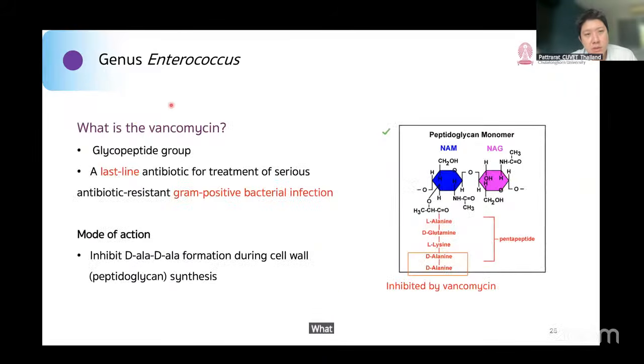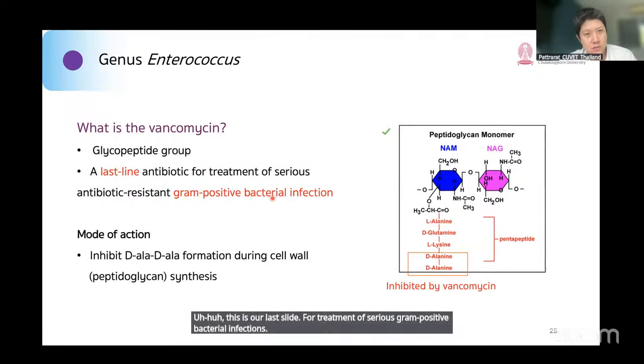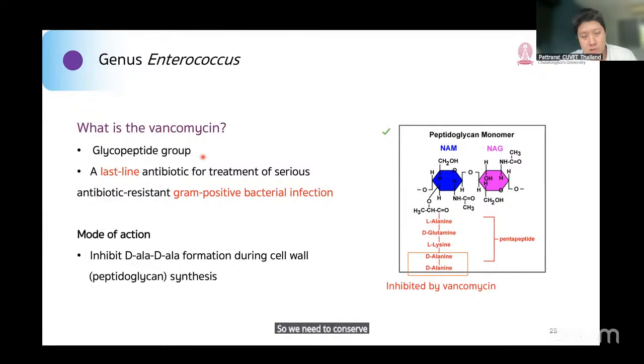What is vancomycin? Vancomycin is a glycopeptide. This is a last line for treatment of serious gram-positive bacterial infections. So we need to conserve this drug. The mode of action of vancomycin is that it inhibits D-alanyl-D-alanine, or we can call it the alanine dimer.